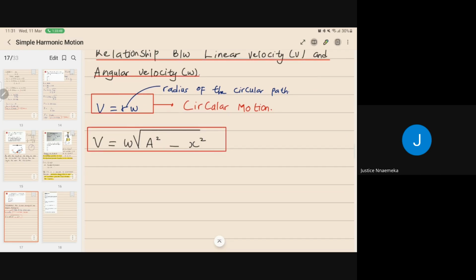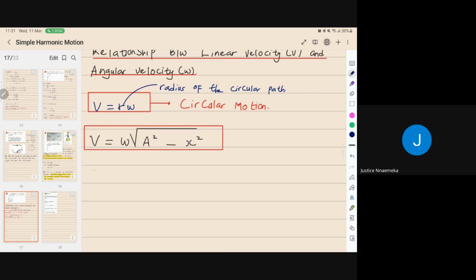But for oscillatory motion, for example SHM, simple harmonic motion, we have that r is equal to A. Are we together now?